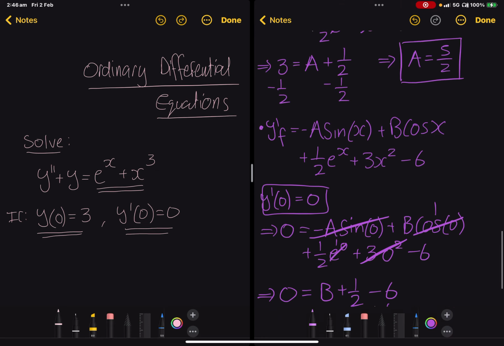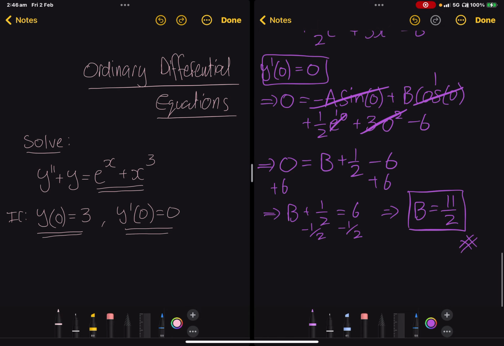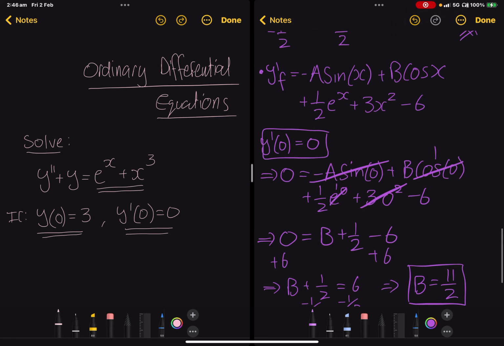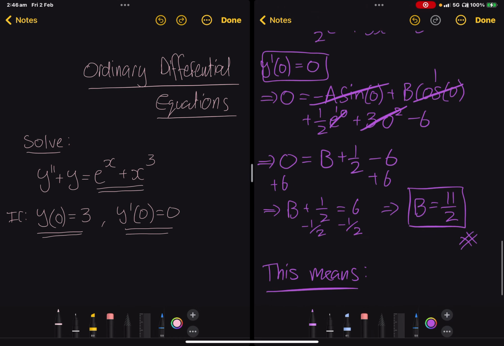So we have now found a value for a, and we have found a value for b. So now we can plug them in. So this means our fully evaluated solution, y full, is going to be equal to a cosine x. A is 5 on 2.